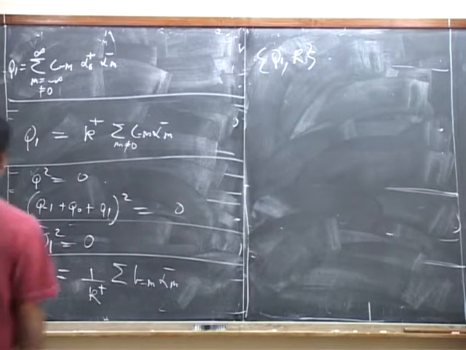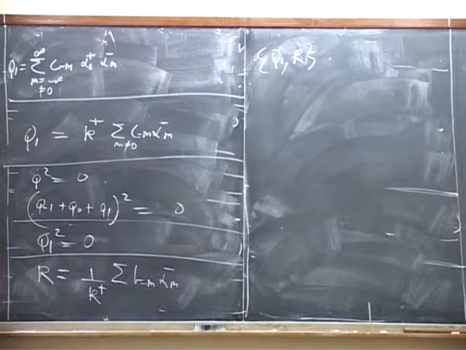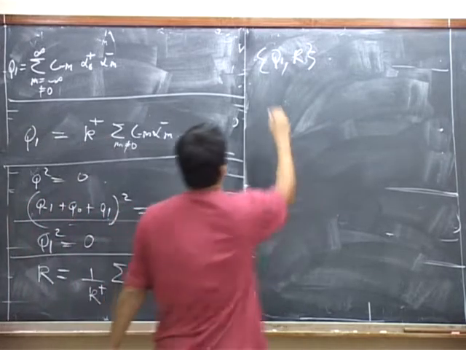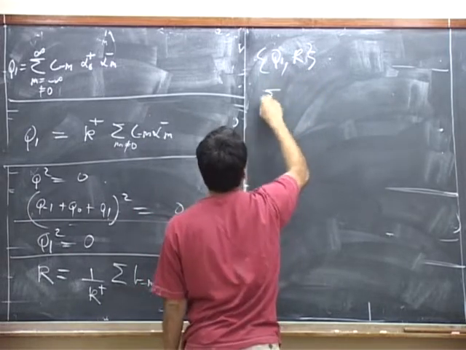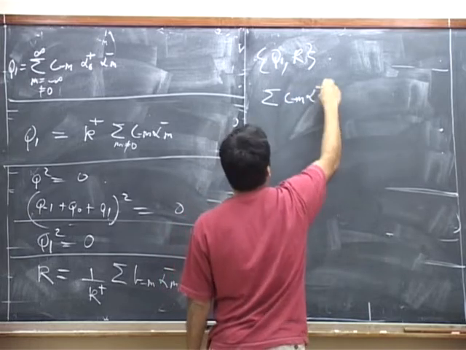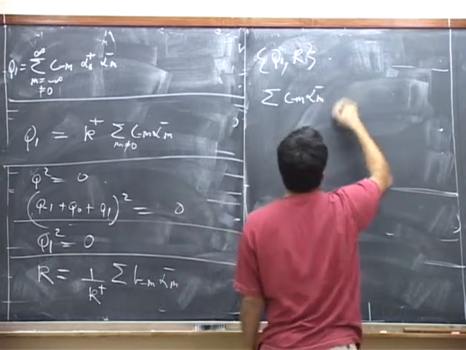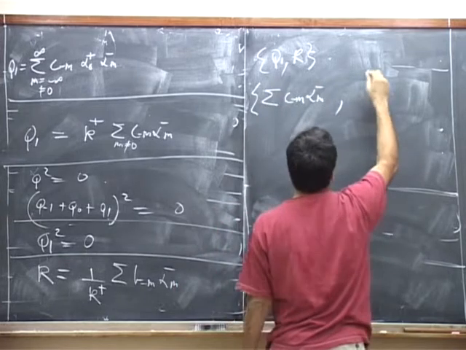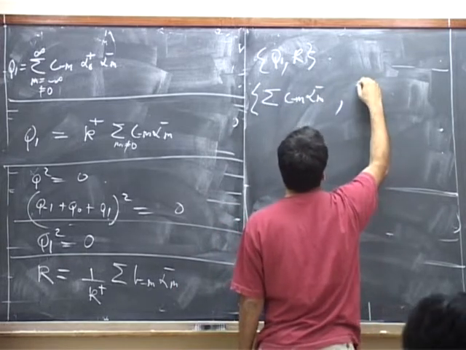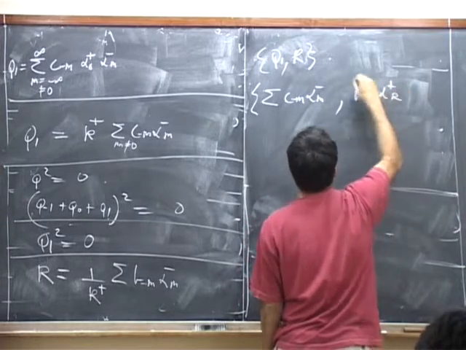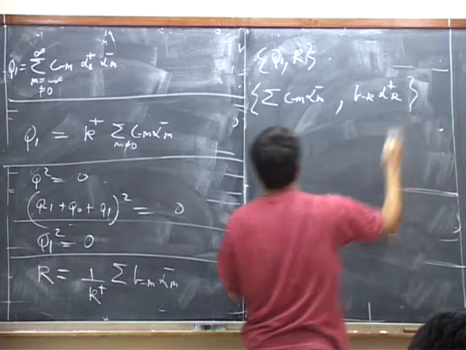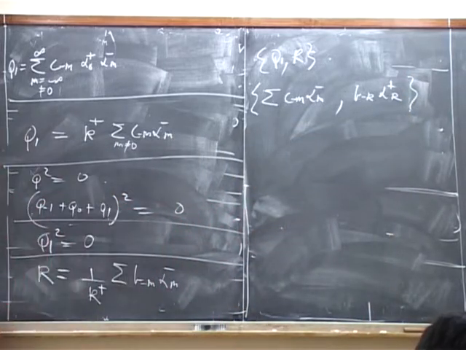Okay, so let's do this little computation. First thing is a k plus, which cancels the 1 over k plus, so that doesn't enter. So what we want to do is to compute the anti-commutator of c minus m alpha minus m with b minus k alpha plus k, everything summed over all non-zero values of m and k.